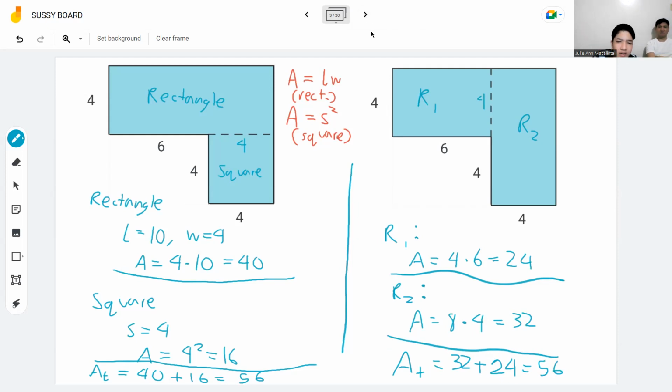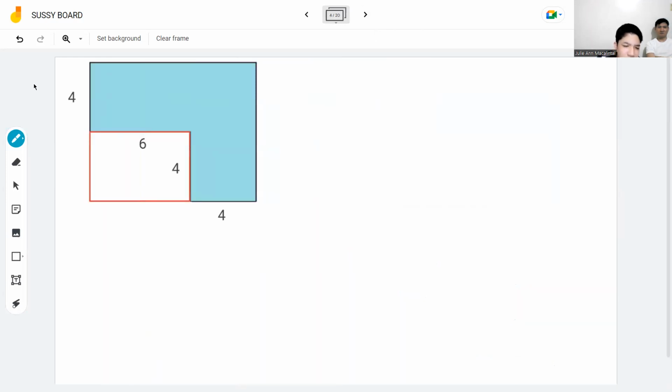And there's another out of the box solution. What if we make everything a rectangle? So this will be 6 and this will be 4. I will label the entire rectangle as the big rectangle, and this is the small rectangle.